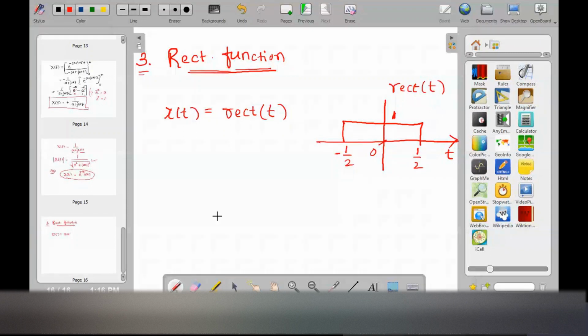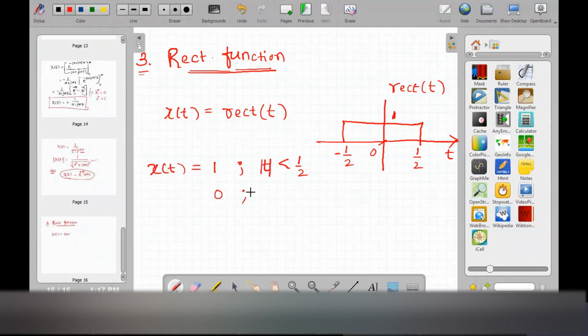Just note this down. Have you seen this function before this class? Yes, sir. No. Then how can I write this in terms of an equation? x of t equals 1 when mod t is less than 1 by 2, for the positive side, and the negative side is minus 1 by 2, so I take mod t.